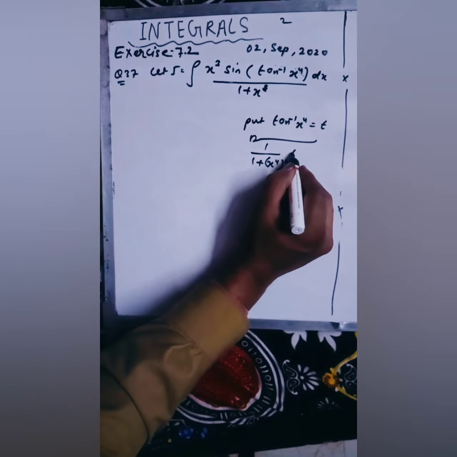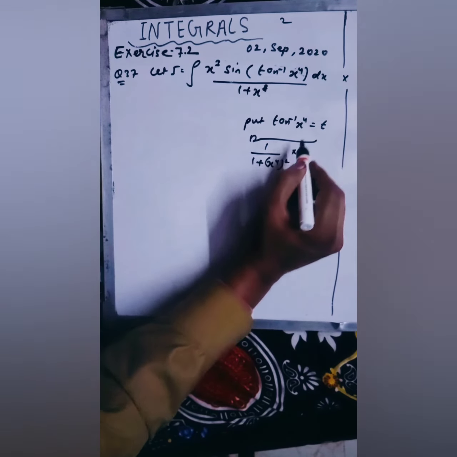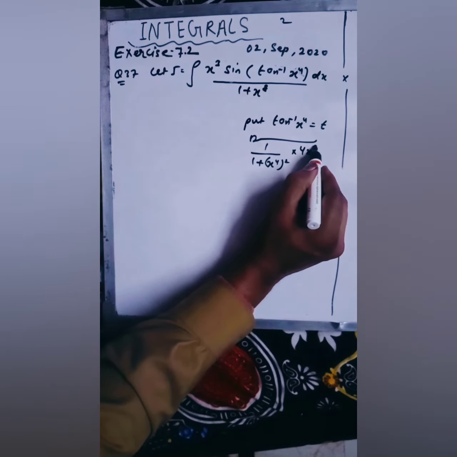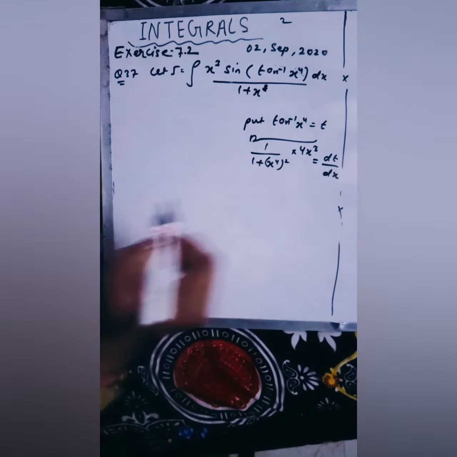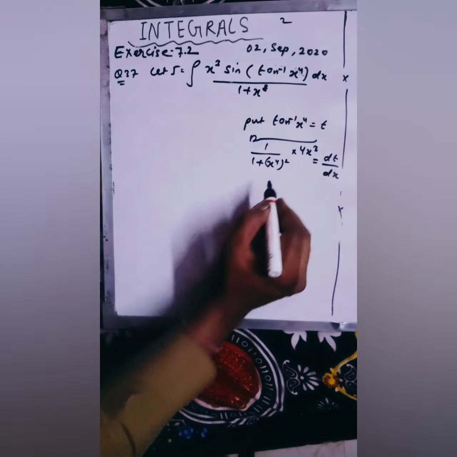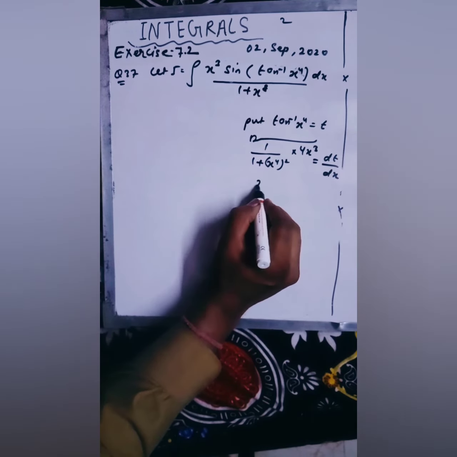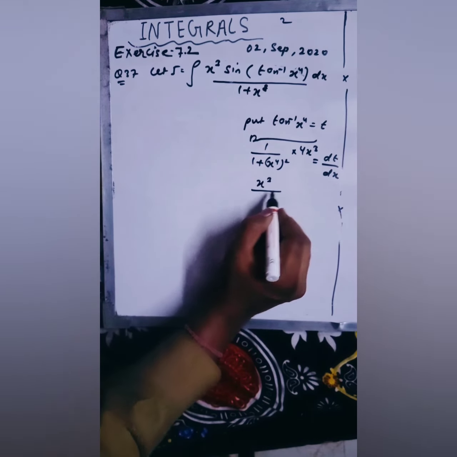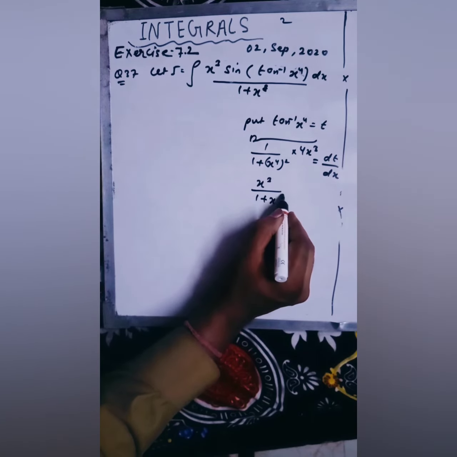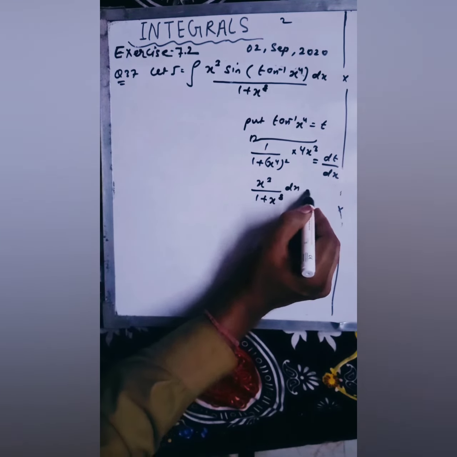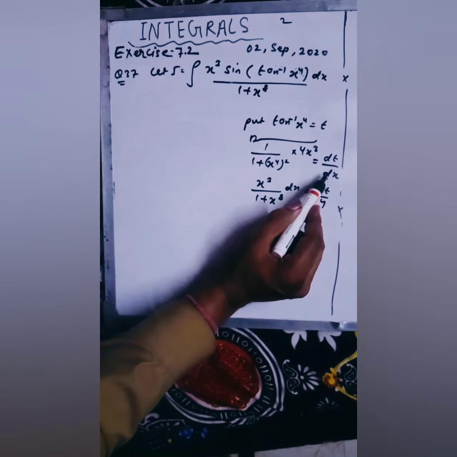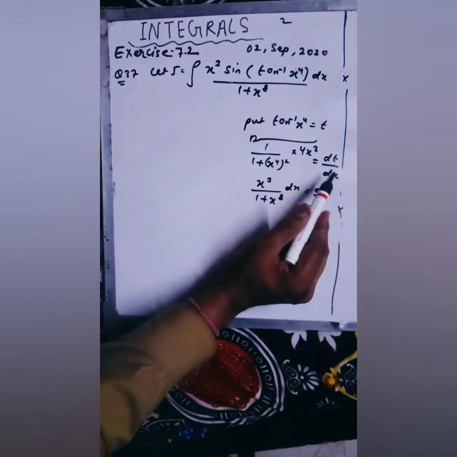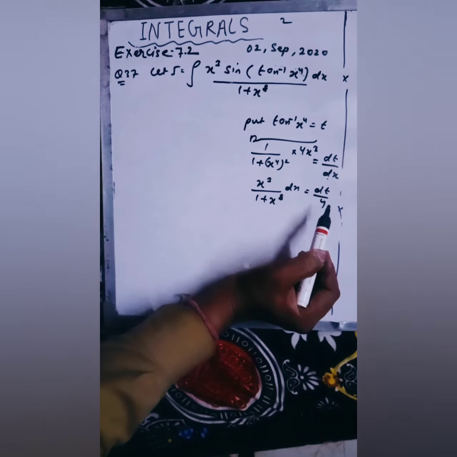Into the derivative of x raised to power 4, which will be 4x cube, that is equal to dt by dx. So it would be x cube over 1 plus x raised to power 8 into dx, that is equal to dt by 4. See, dx will be multiplied with this, and this 4 will come in the denominator of dt.